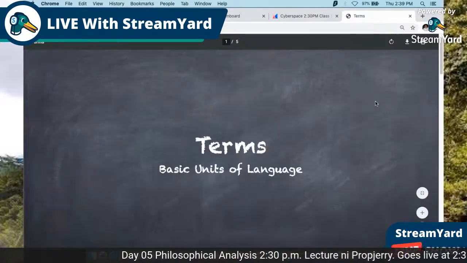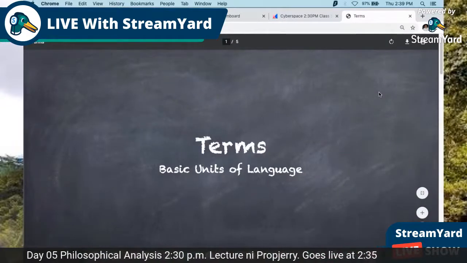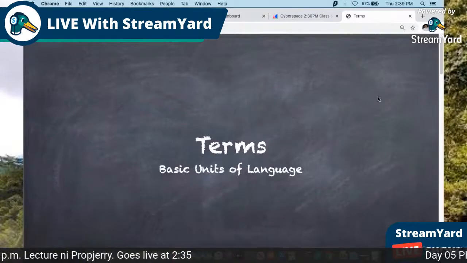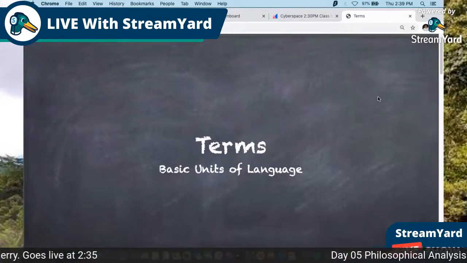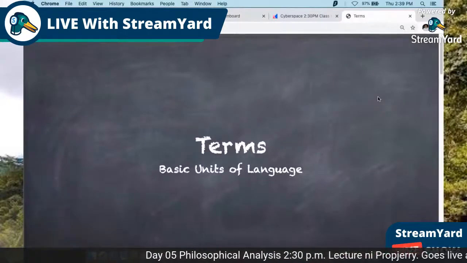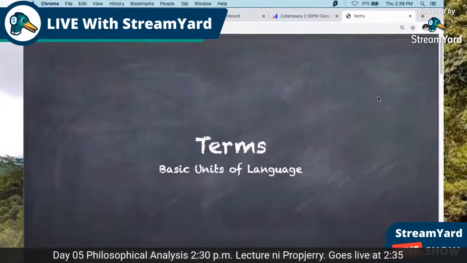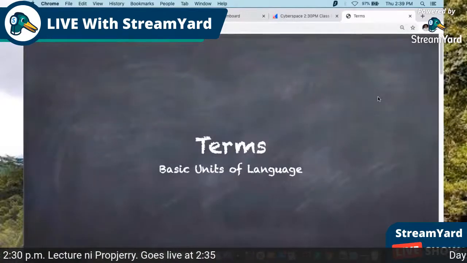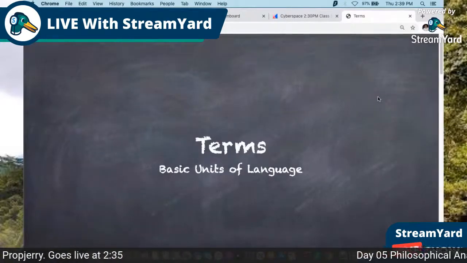Now, here it is, terms. Our technical definition of language: language is a system of units realizable in some sensory medium, only certain combinations of which have meaning by convention, and hence useful for communication.